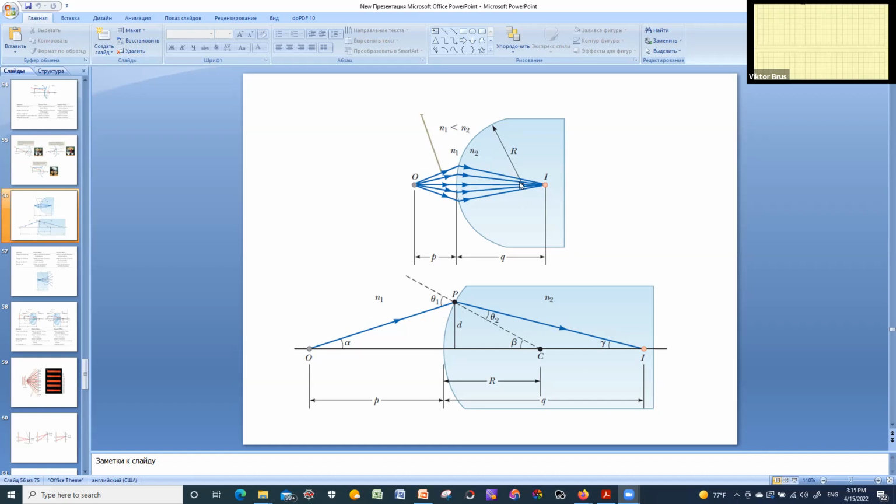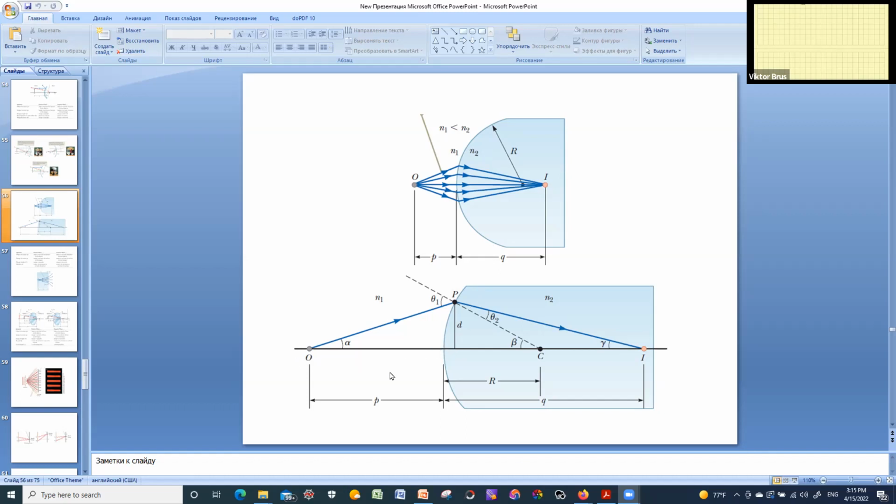Also, an important parameter is the radius of curvature of the interface between two transparent mediums with different refractive index.